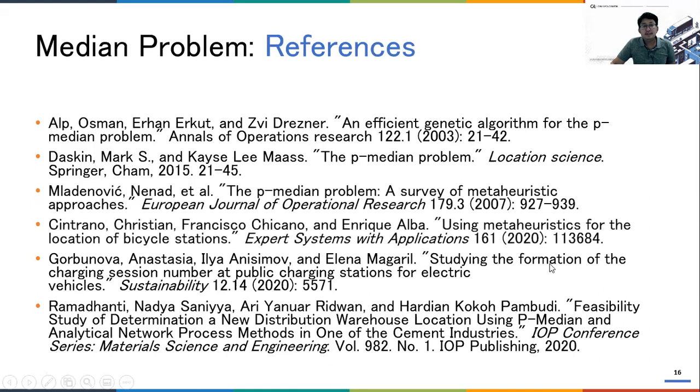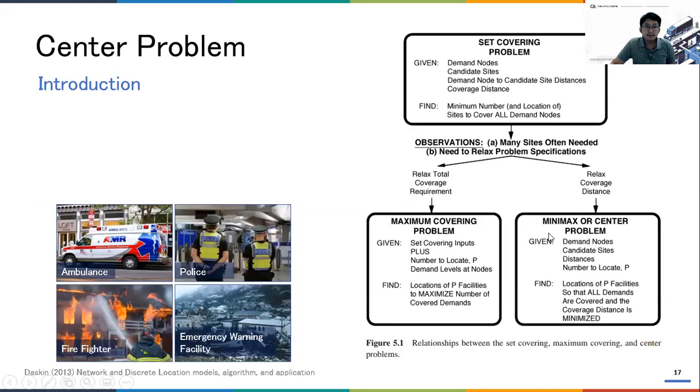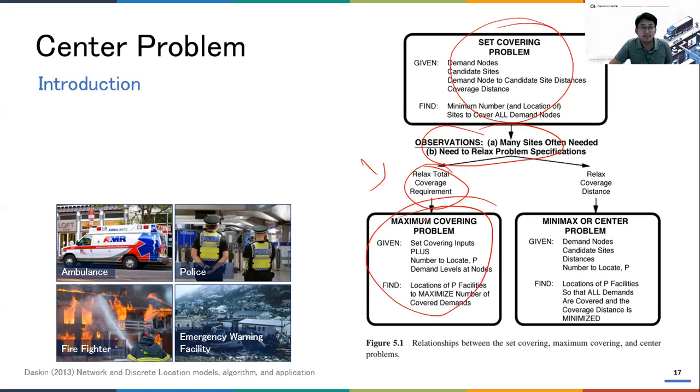And this one is several references related to it. Okay, then we have center problems. Center problems are basically part of set covering problems. When you relax the constraint of the set covering problem in terms of the coverage, we don't have to cover all the demand, so it becomes the maximum covering problem that I already explained.